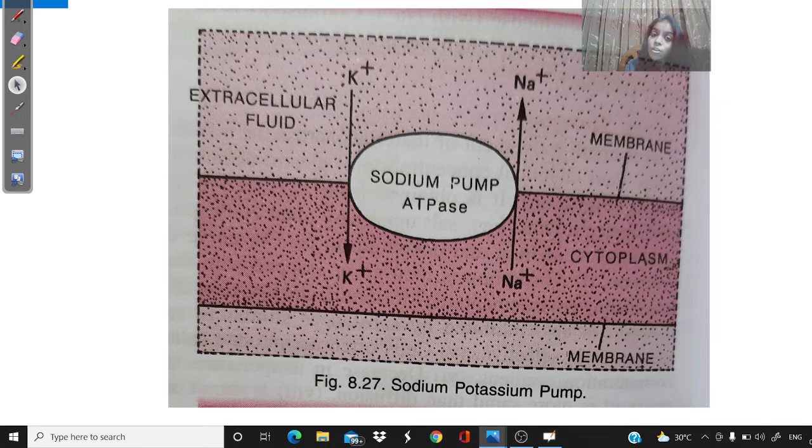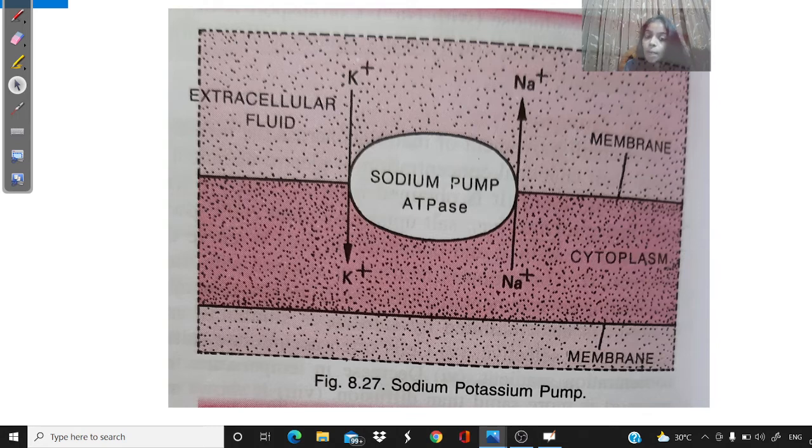In exchange, two potassium ions move into the cell. Follow the arrows. Sodium ions are going out, potassium ions are coming in. So this is called sodium potassium pump. Why pump? Because when it is taking place, it needs energy, so ATP will be hydrolyzed.